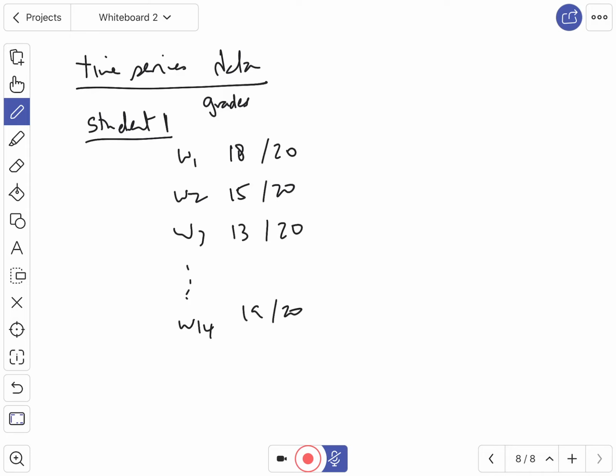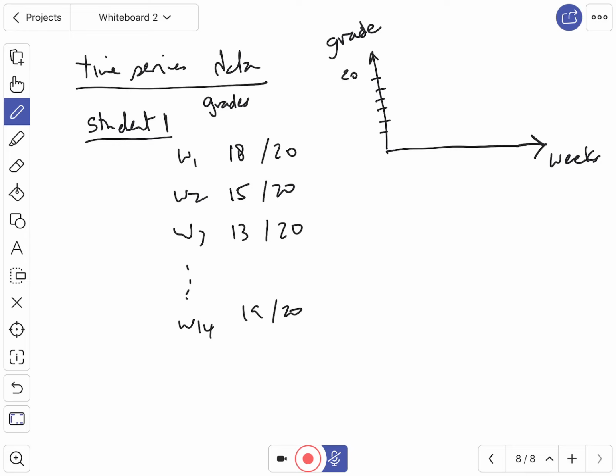So what we're doing here is we are observing the grade over time. The time here is weeks, and here I have the grade, or the score. I should say score, but anyway, you understand the idea. The grade would be some numbers, and the maximum is 20.